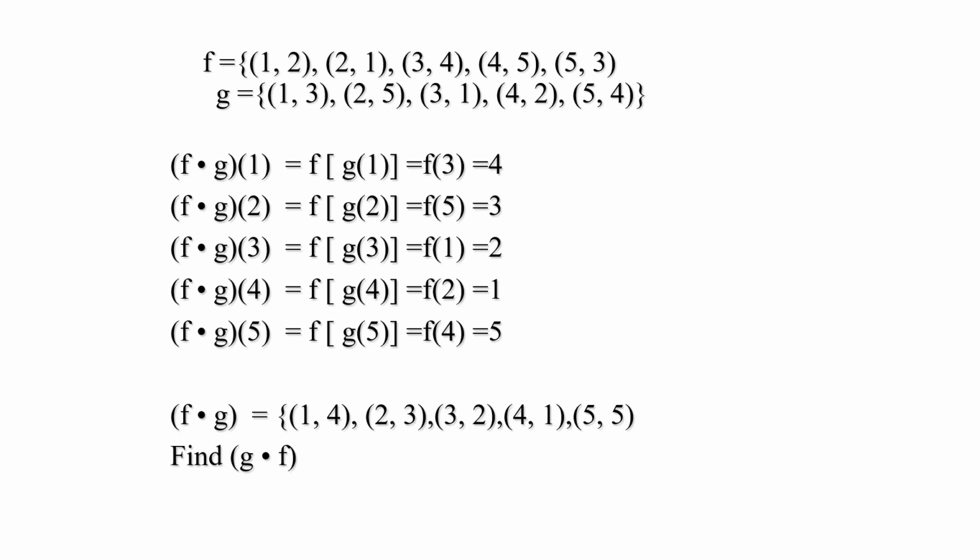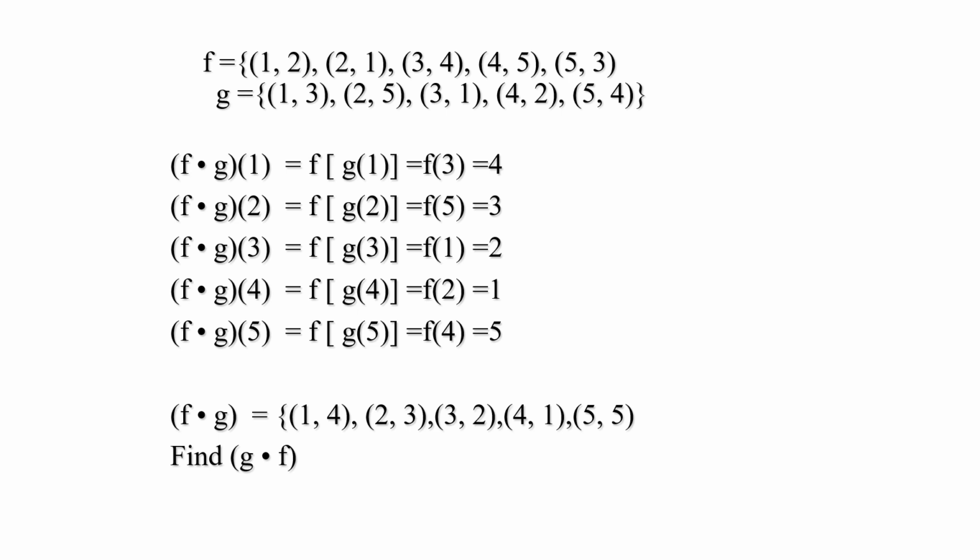So first we can find F composition G of 1. That can be written as F of G of 1. G of 1 means we are finding in function G to which element 1 is related. We can see that in function G, 1 is paired with 3. So G of 1 can be replaced with 3. So you will get F of 3 here.